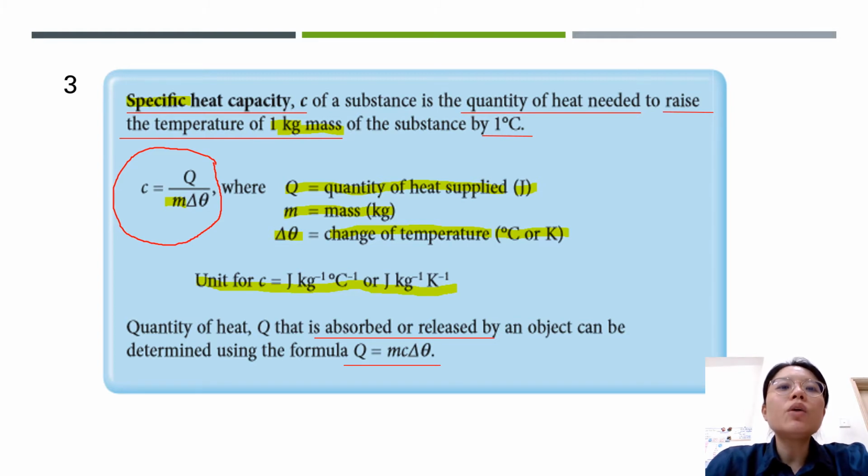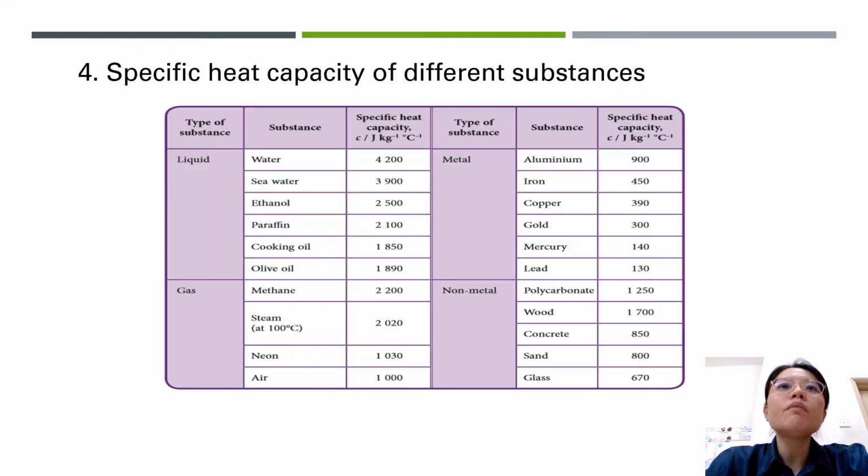You must take note that the quantity of heat absorbed or released by an object can be determined by using the formula Q equals mc delta theta. This formula is the same as the earlier one, we just rearrange it.